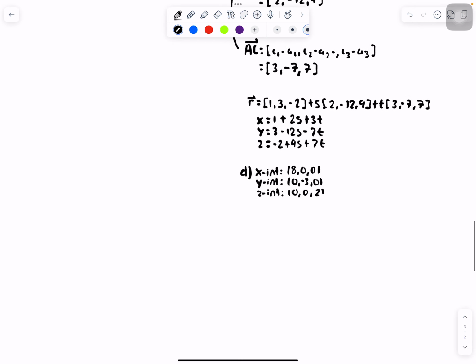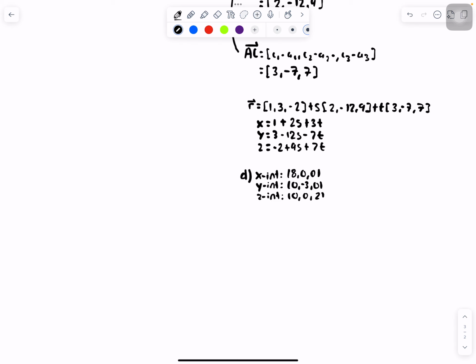Okay? And I'll call these points A, B, and C. And now I just repeat the same process. So let's form vectors AB and AC.